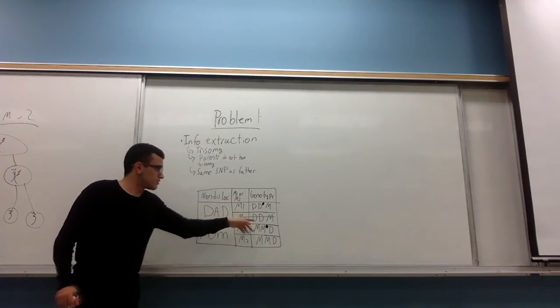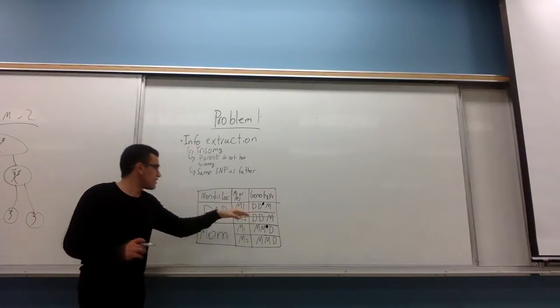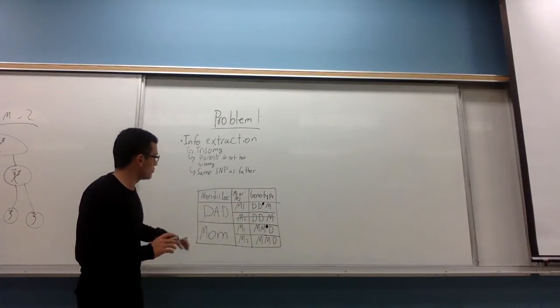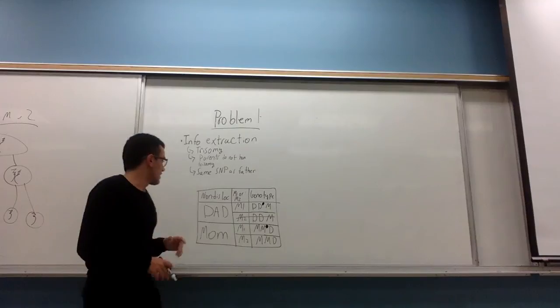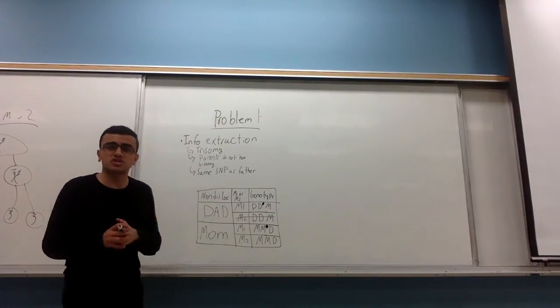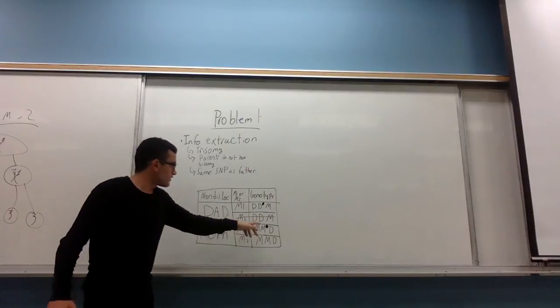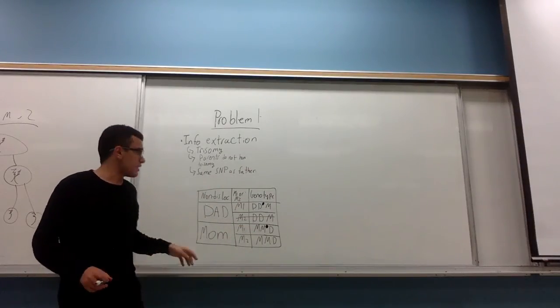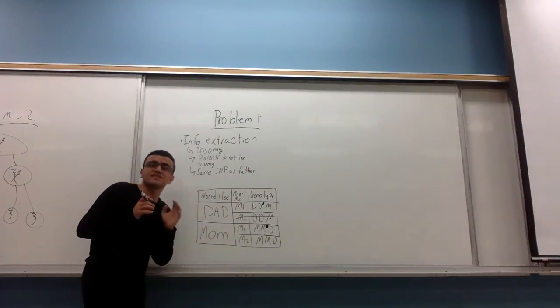Whereas error in meiosis 2, pardon me for the cross, but error in meiosis 2 will give us the same. And same thing for the mom. A non-disjunction error in meiosis 1 is going to give us difference, and a non-disjunction error in meiosis 2 is going to give us the same.